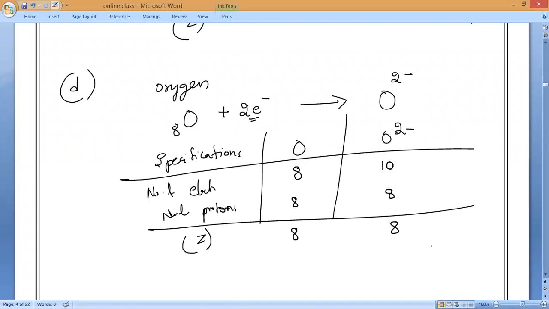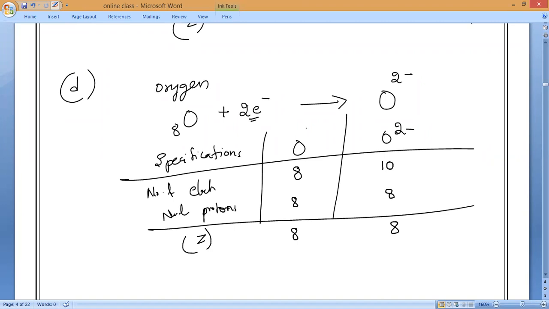So, have you noticed it? That is the reason we always take atomic number to mean only the number of protons. Because for atoms and ions, the number of protons always remains constant.